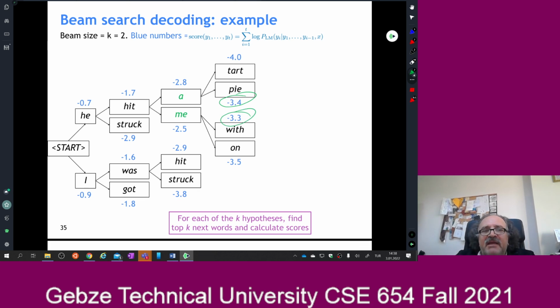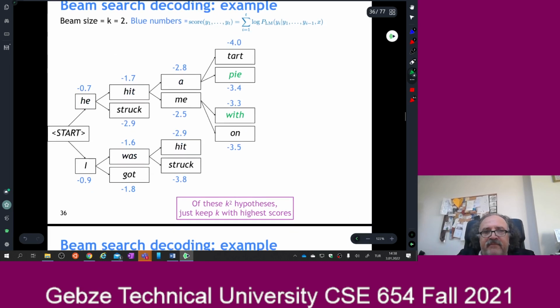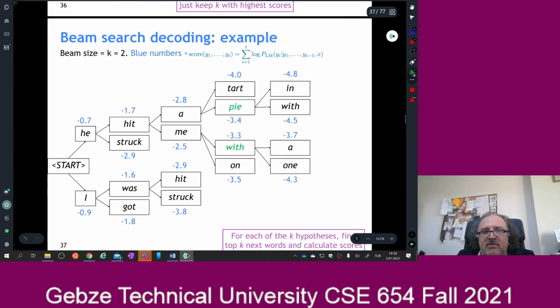"He hit me with a pie", and "He hit me with a" width. Okay, 2 of them, and I will continue, and it looks like in this case "A" and "1".